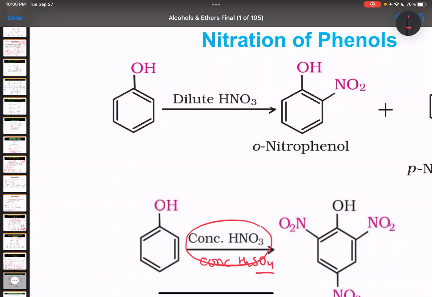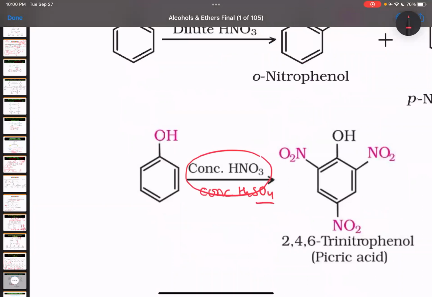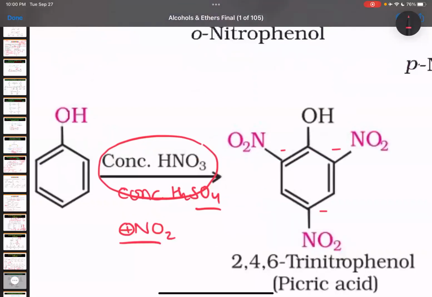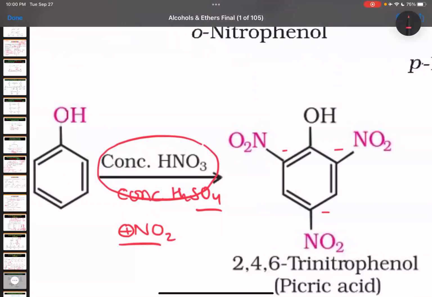So when you use concentrated HNO3 and H2SO4, you get all three, because you have more nitronium ions generated in the reaction, so more reaction at all the positions. Clear? Sir, but with concentrated HNO3 alone, we can't get trinitrophenol?